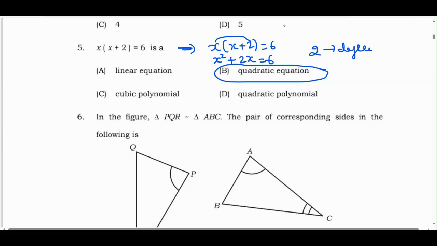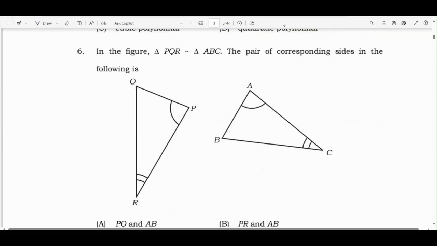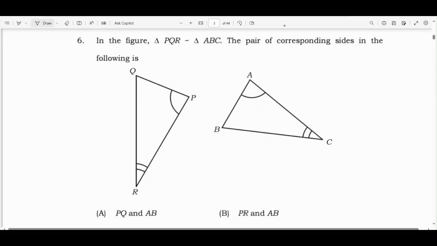Then moving on to the next one, we have in the figure triangle PQR similar to ABC. The pair of corresponding sides in the following will be. We just have to check the corresponding sides. If we take here, it is PQ and AB, the first one.